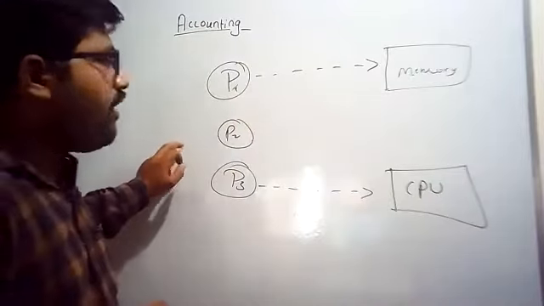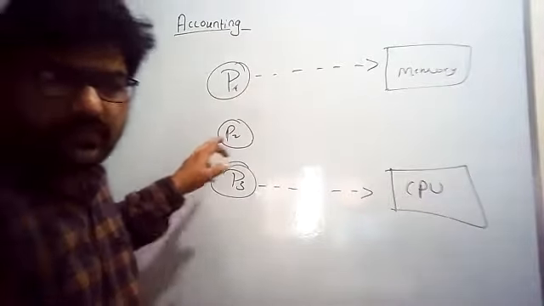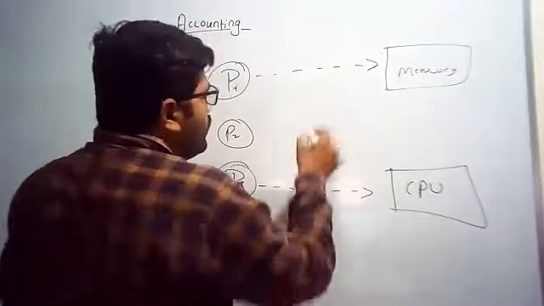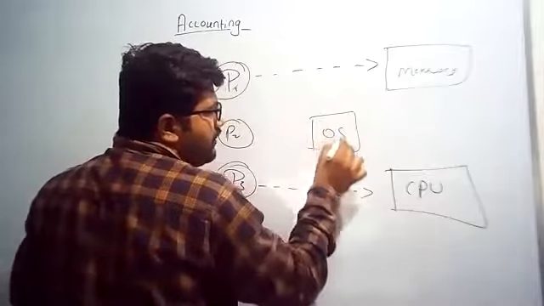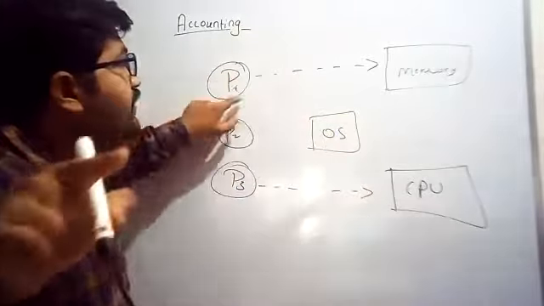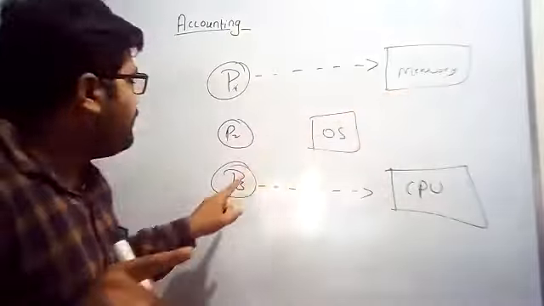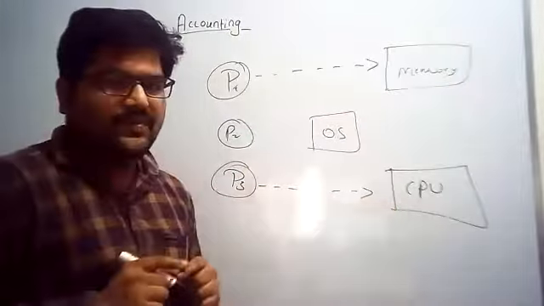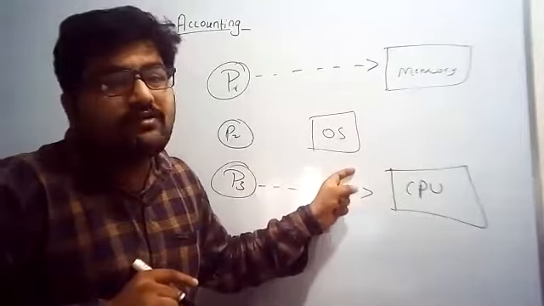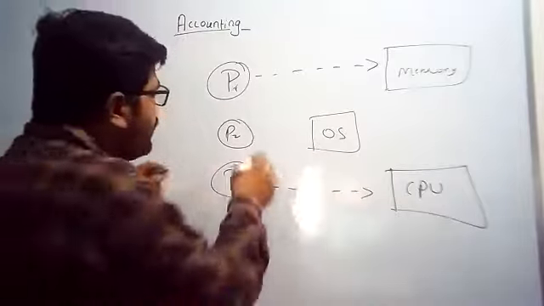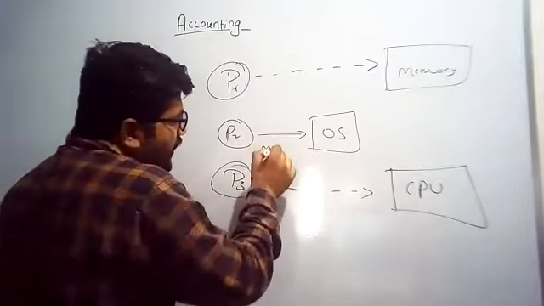P2 requires the CPU. The OS is here. Concentrate. P1 has taken a memory and P3 has taken a CPU. P2 is going to request the OS for memory.